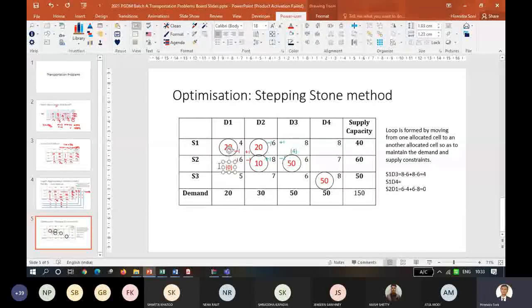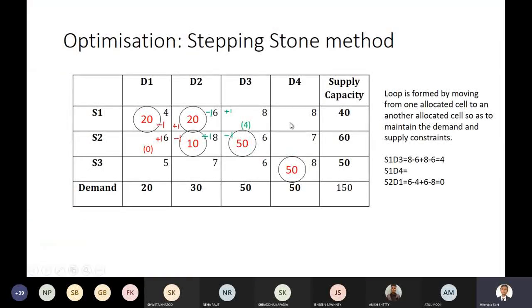We'll go for S1D4 now. Now in this particular cell, S1D4, if we try to make a loop, are we able to do so? Can I move from one allocated cell like this and come back to the starting cell?